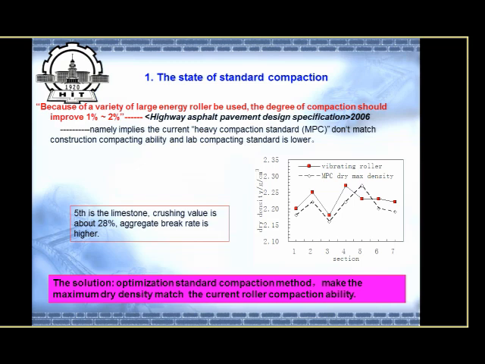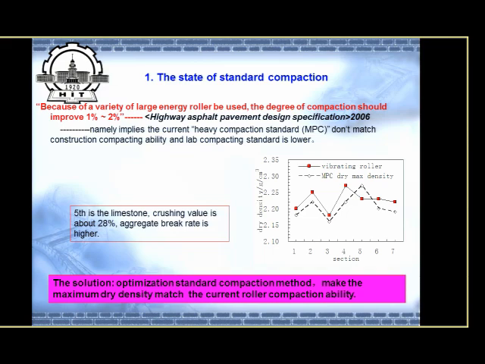This is the density obtained from the construction sections. This is the vibratory roller result. This is the MPC result.